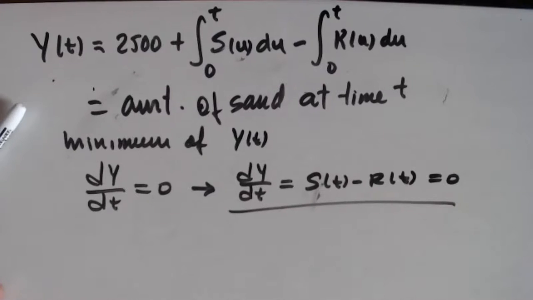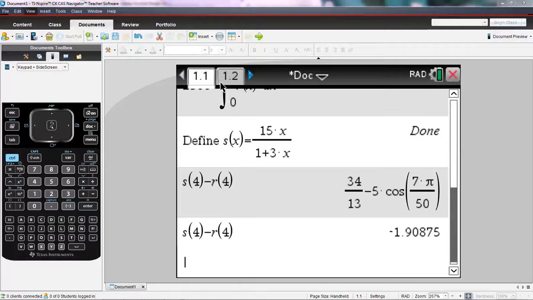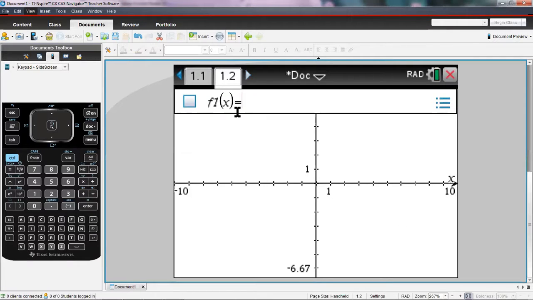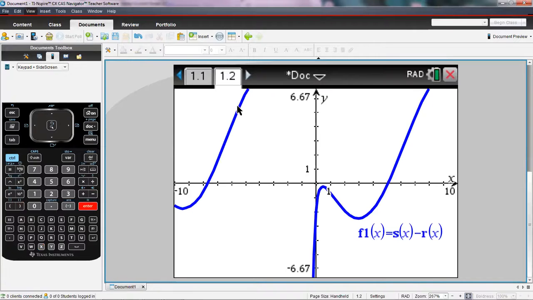So I go to my screen right here, and I put s of x minus r of x, correct? And then I press enter, and I'm going to see here that the negative portion is not interesting because this is negative times, so it makes no sense. So this begins right here.